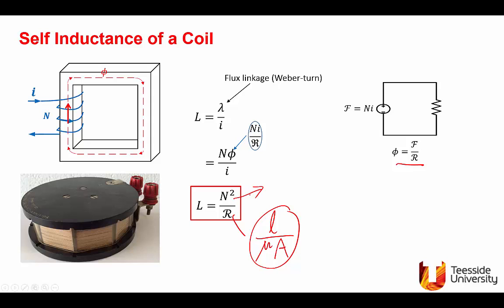So actually, all inductances are a function of the geometry of the magnetic circuits. This shows that the self-inductance is N squared, the number of coil turns squared, divided by the reluctance. And here we are assuming that all the flux lines phi link all the coil turns.